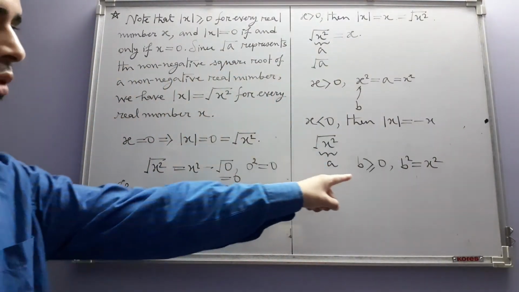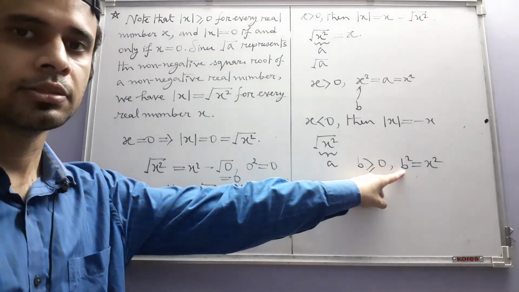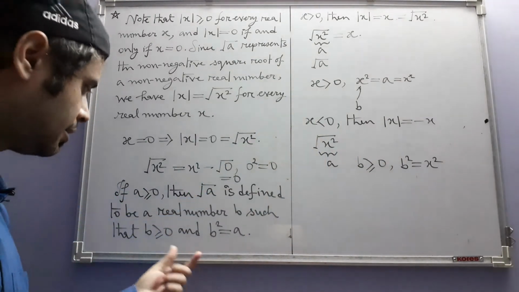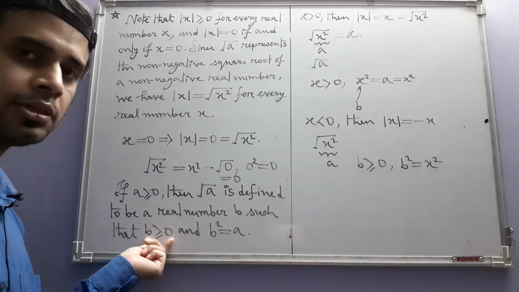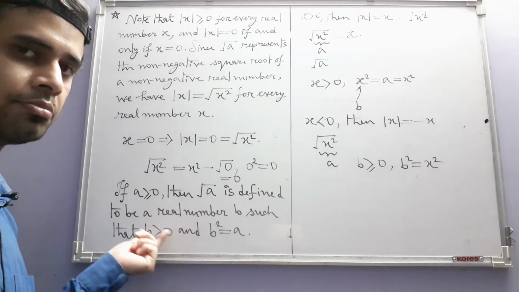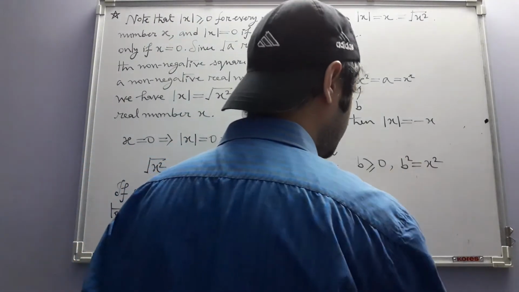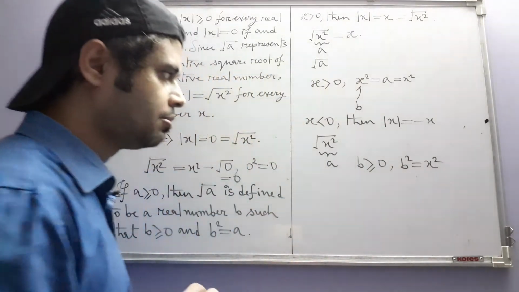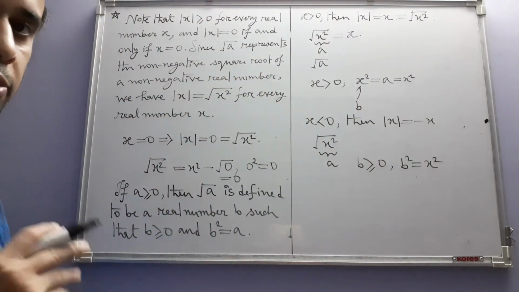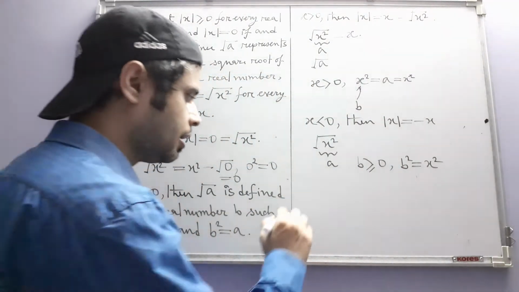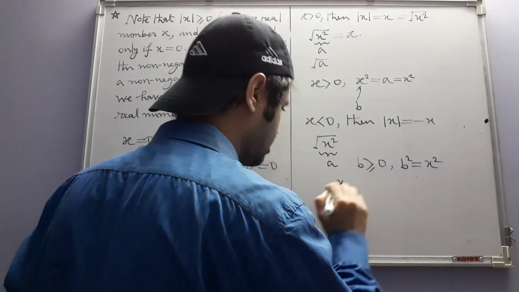Note that now we cannot take b equal to x because x is negative and our condition requires b to be non-negative. However, we also have another number which is non-negative and its square is x square, namely minus x.